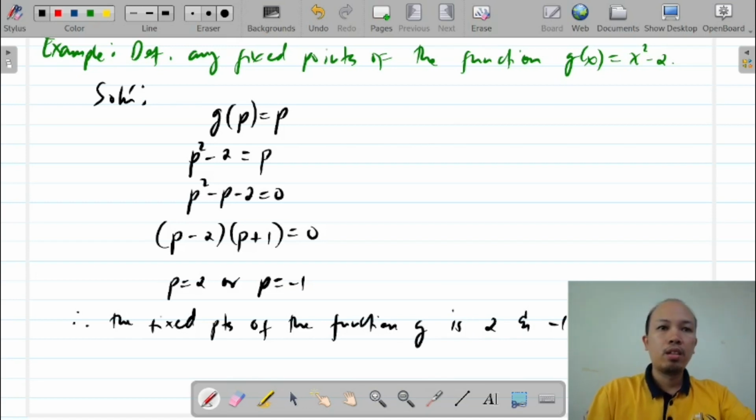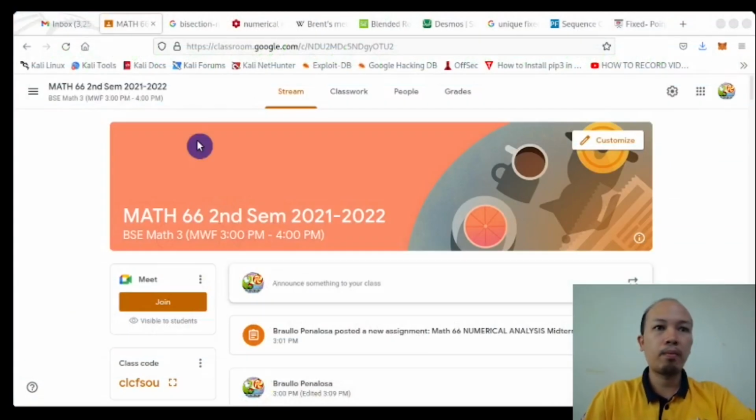Okay, so there will be a case when the given function does not have a fixed point. So what does this mean? Let's go to our Gizmo's graphing calculator.